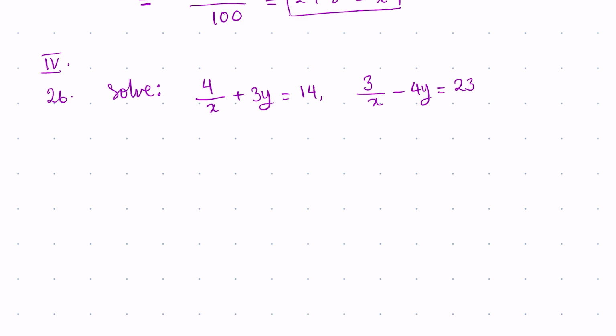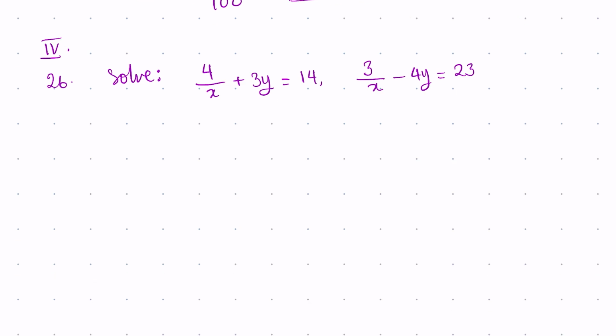Cool. See, reciprocals are quite hard to deal with. If you just go ahead and try to solve this, you will get an xy term, which is not ideal to handle. So I'll make a cheeky substitution.